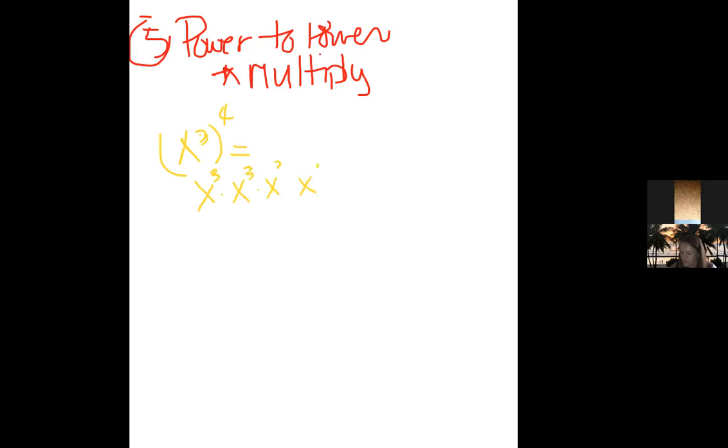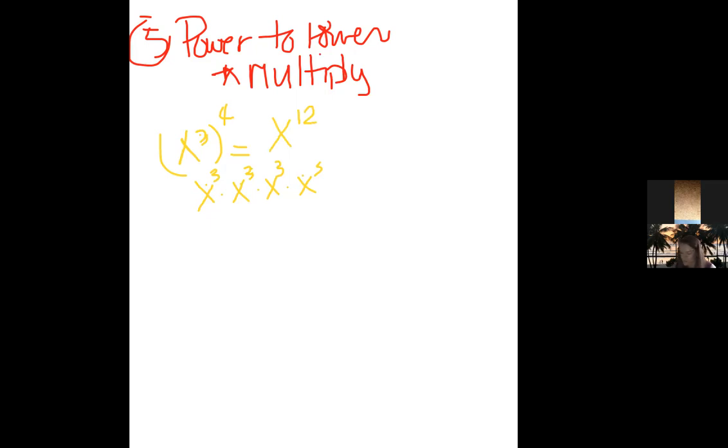That's what x to the 3rd to the 4th power actually means. And so now if we look at this, 1, 2, 3, 4, 5, 6, 7, 8, 9, 10, 11, 12, there are 12 exponents here. So that's why we are multiplying, because you were taking a power to a power this time. So you're doubling the game almost here.